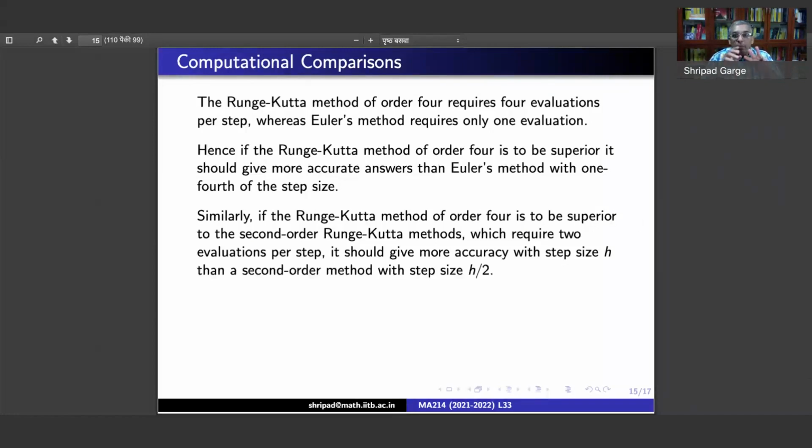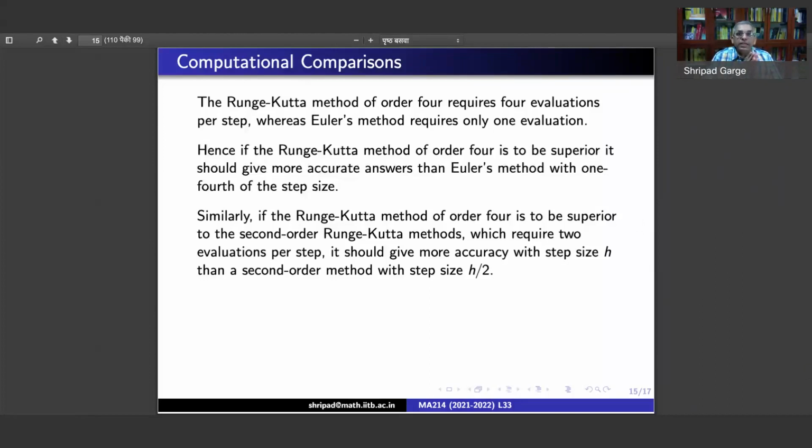Okay, so if we compare all these three, Euler's method requires 1 evaluation per step. The second order method requires 2 evaluations per step, and Runge-Kutta requires 4 evaluations per step.